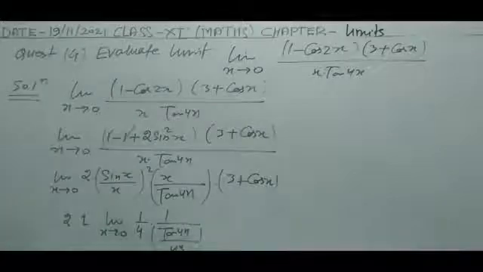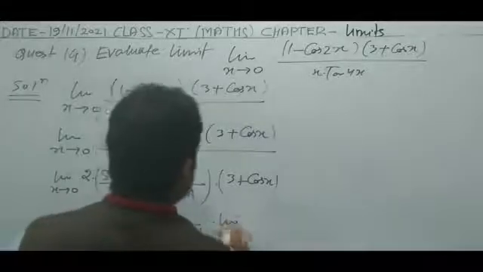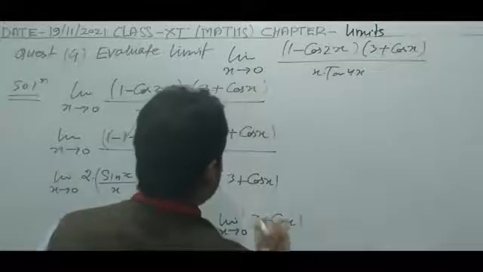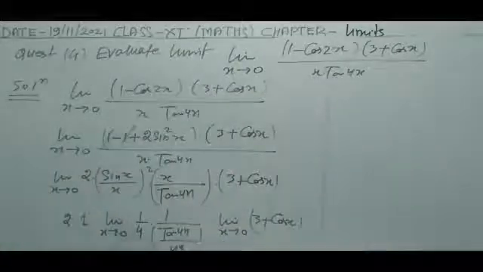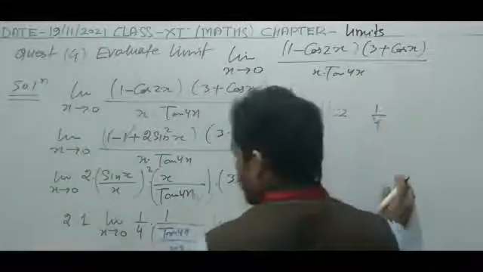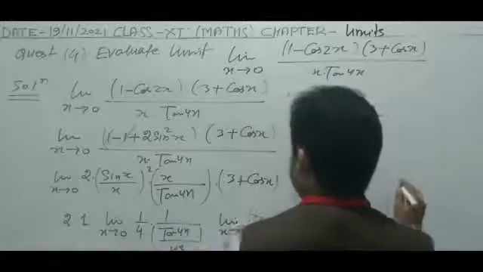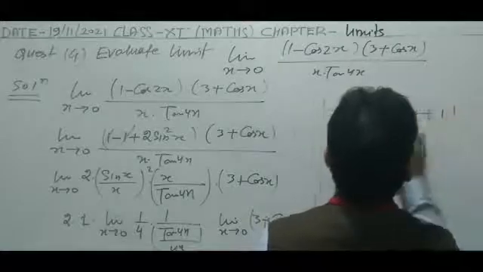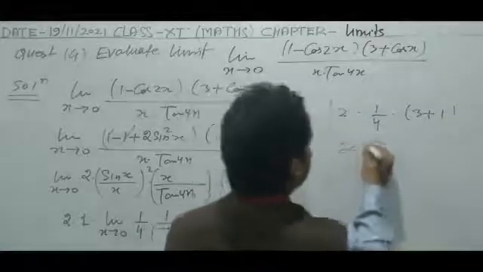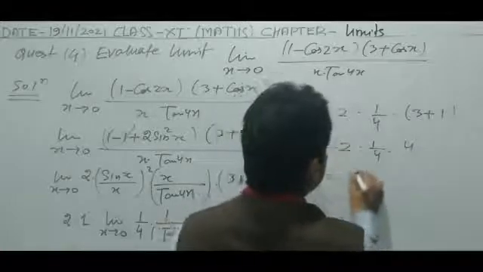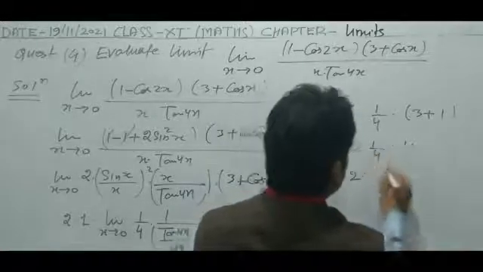This format will also be 1, with limit x tends to 0, 3 plus cos x. Clear? This expression will be 2 into 1 by 4 into limit x tends to 0, this result will be 3 plus 1. So the result will be 2 into 1 by 4 into 4, result will be 2. Now the answer is 2.